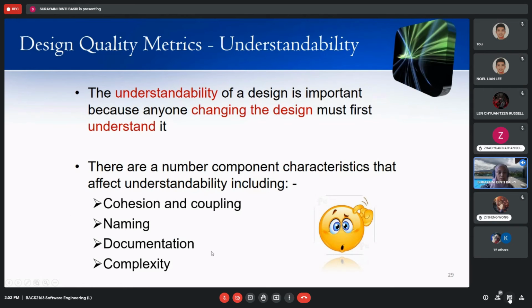Like I said just now, it is good understandability if it has functional cohesion, a loosely coupled system, the naming of each component inside your system is meaningful, and all of the documentation is free from documentation errors like inconsistency, anomaly, and missing important parts. And then the complexity refers back to the cohesion and the coupling.